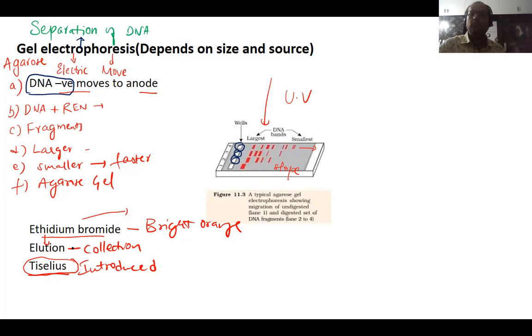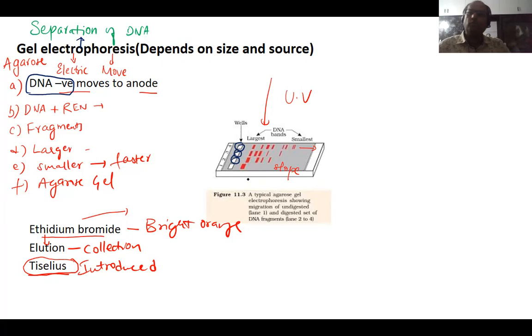So they move towards the anode. Now, on the slope you can see one bigger piece and one smaller piece. The smaller ones are very near to the anode. That is what you need to understand. This is the method of separating DNA fragments.